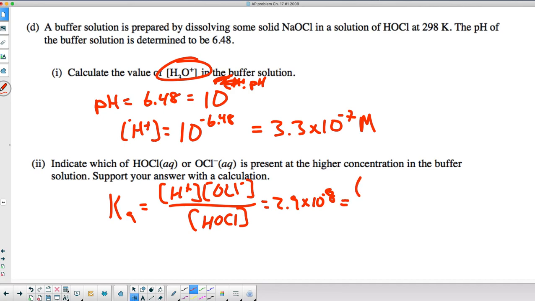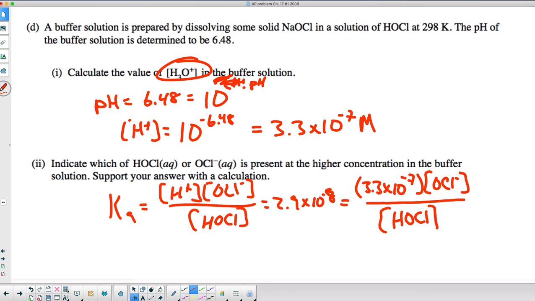We know that the hydrogen concentration is 3.3 times 10 to the negative 7th, times OCl minus, divided by the concentration of HOCl. Now what if I divide both sides by 3.3 times 10 to the negative 7th?